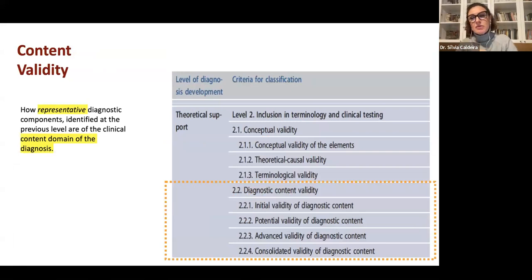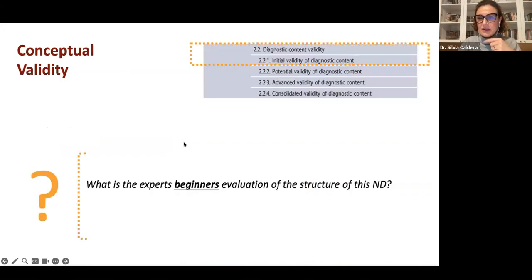Moving to the second block within the level 2, we now are in the domain, and the concern is how representative the diagnostic components are, and we are more focused on the content domain of the nursing diagnosis. What is the meaning of this?